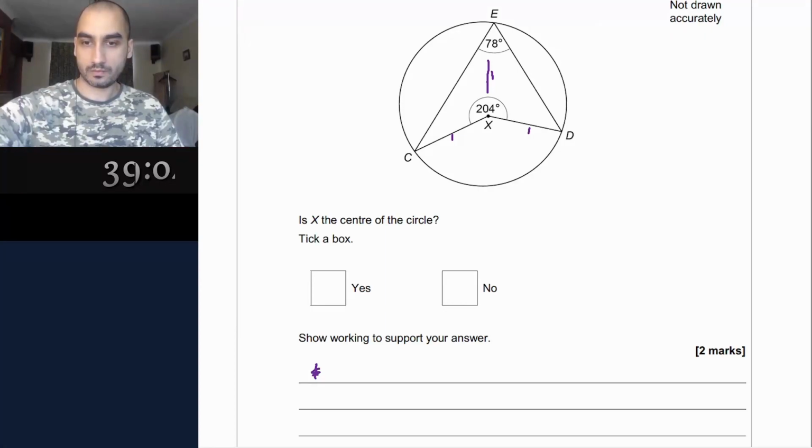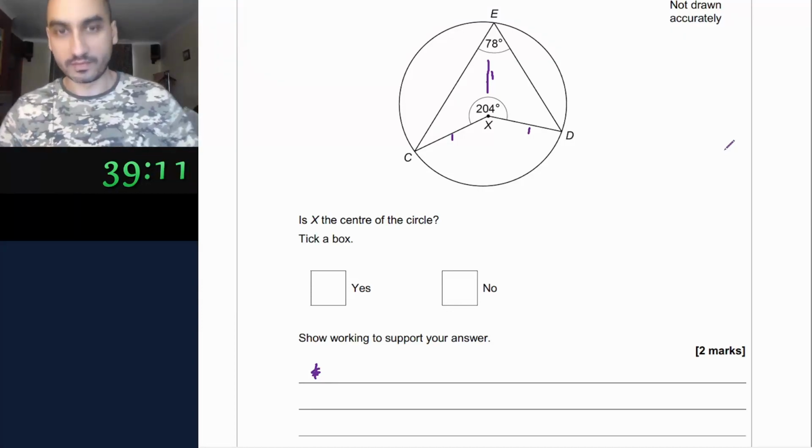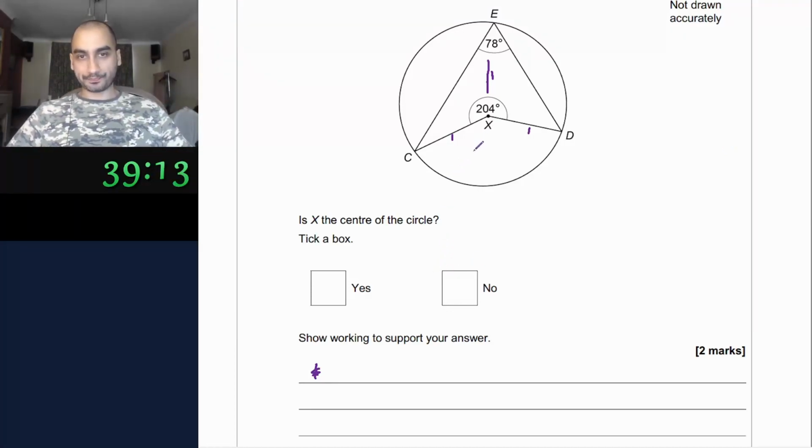So there we go. All right. I just remembered a rule which I've never seen come up in my life, but here it is.